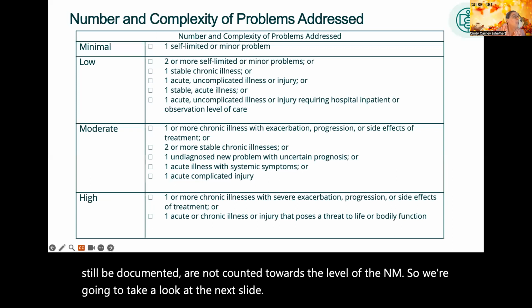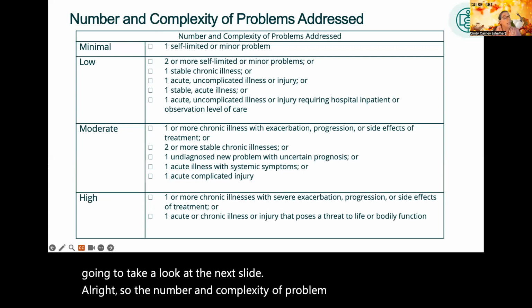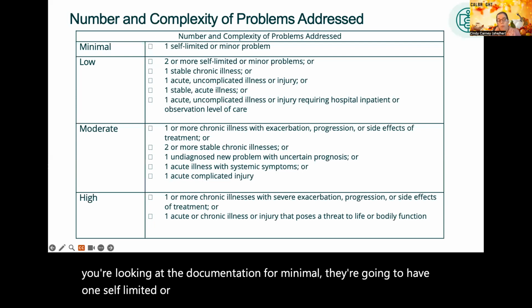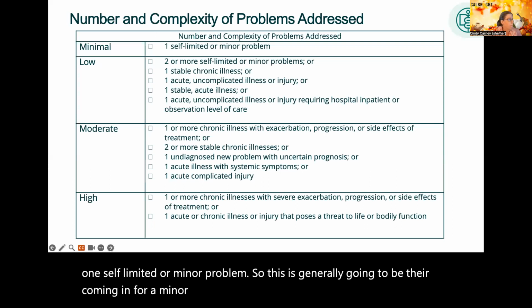All right, so the number and complexity of problems addressed. When you're looking at the documentation, for minimal, they're going to have one self-limited or minor problem. So this is generally going to be they're coming in for like a minor illness.